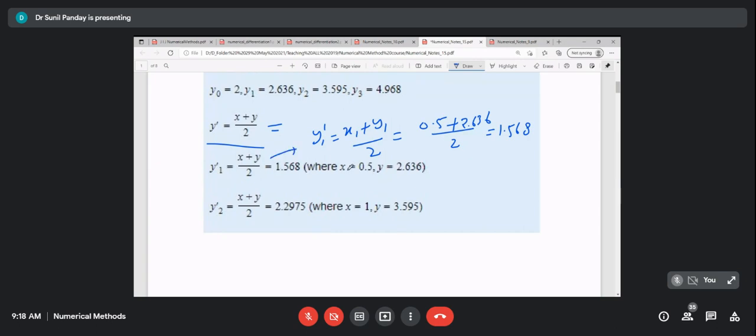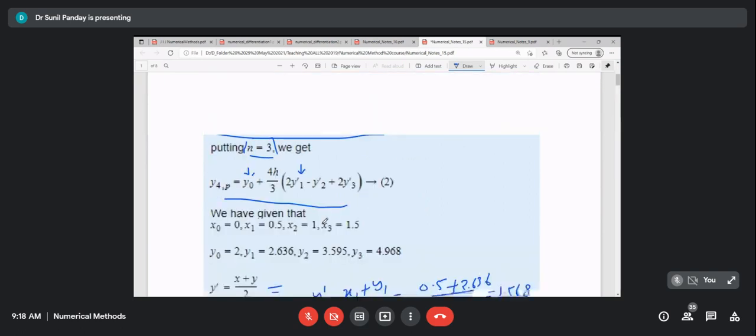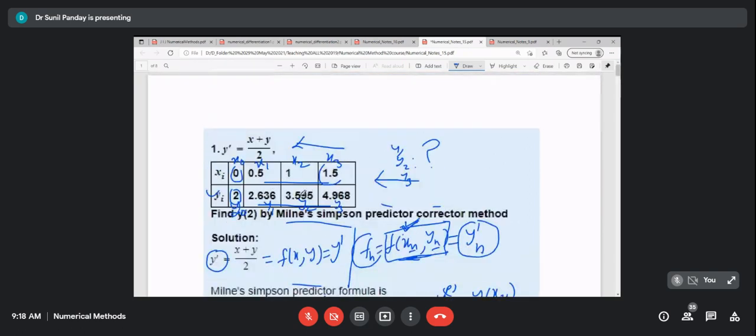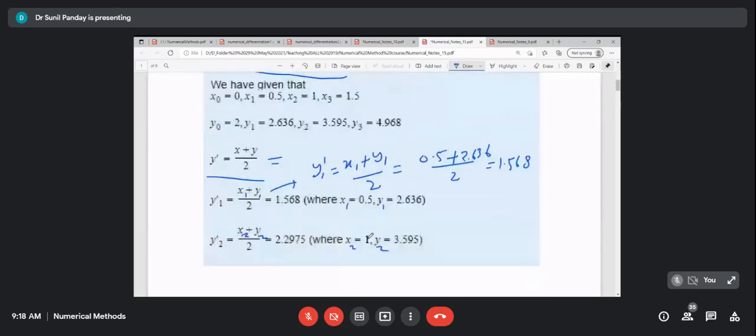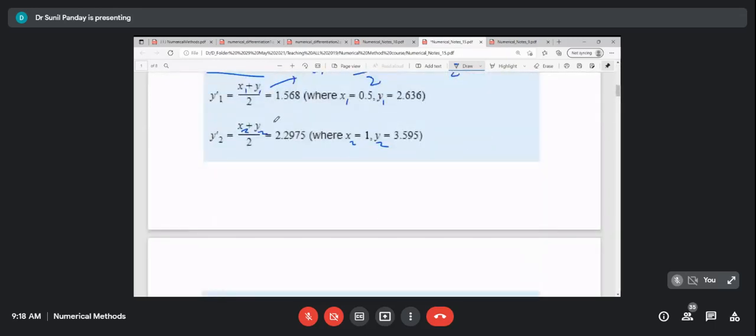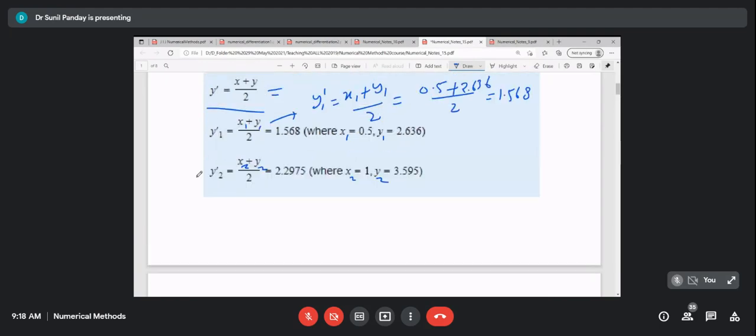Here they are using index 1 everywhere. When we say y2 dash, it should be 2. x2 is 1 and y2 is 3.594. You have substituted here, again you have done it, and why are we writing y dash? Because it is given in the question, f of x, y or y dash is x plus y by 2.